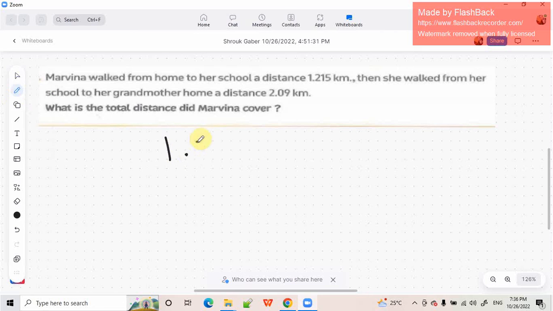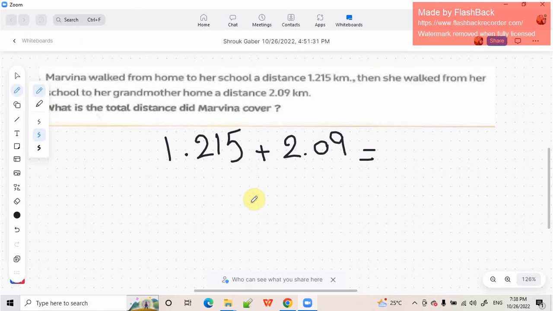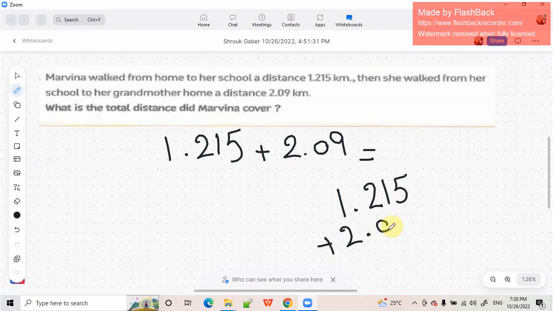1.215 plus 2.9. We must make a balance. We will put zeros. 5 plus 0 equals 5. 1 plus 0 equals 1. 2 plus 9 equals 11, put 1 and carry 1. 1 plus 2 equals 3, plus 1 equals 4. Decimal point.